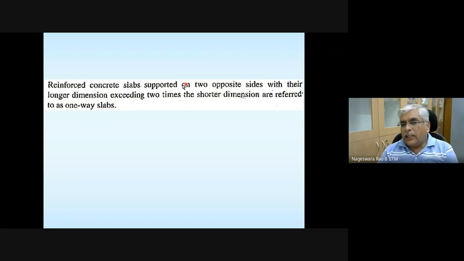First thing is this reinforced concrete slab is supported on two opposite sides. It's supported on two opposite sides. You need to underline this. And also, longer dimension exceeding 2 times the shorter dimension are referred to as one-way slabs.